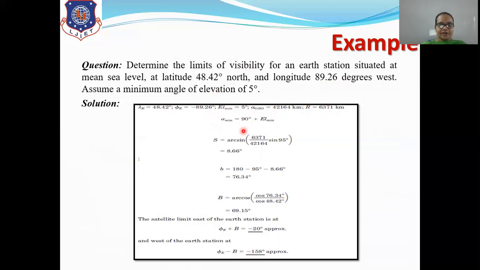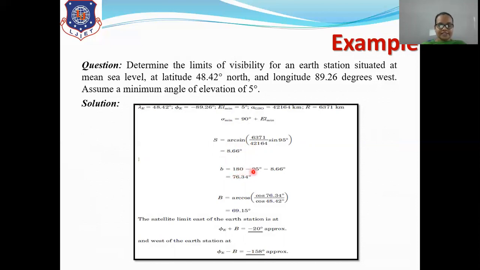First of all, we will find sigma minimum, which is equal to 90 plus EL, so it will be equal to 95. Now this sigma minimum we will substitute in the equation of S. So arc sine of RE, that is the radius of earth, divided by AGSO times sine sigma minimum, so it will be 8.66. Now, as we get S, the next step we will substitute in the equation of small b.